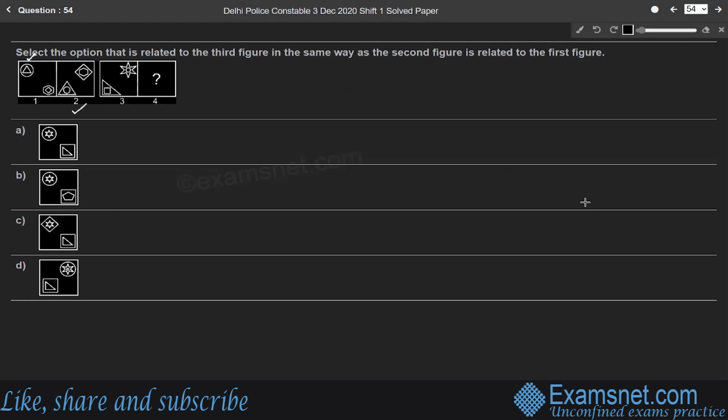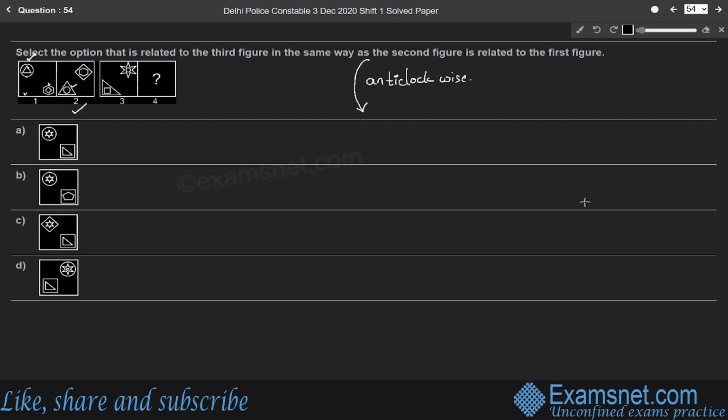In figure 2 the triangle becomes the outside figure and the circle becomes the inside figure. So the position of the figure is changing in the anti-clockwise direction, moving to the next position.